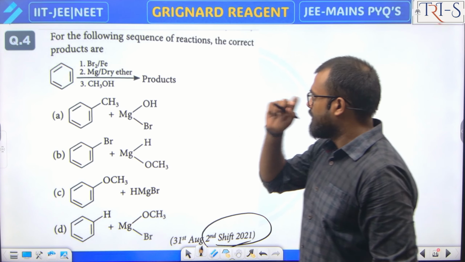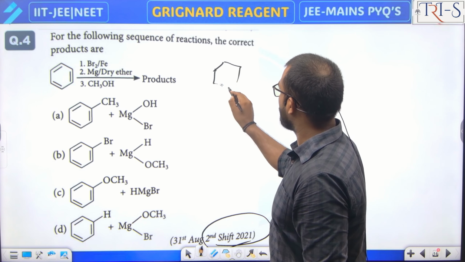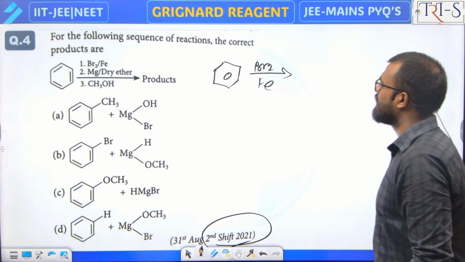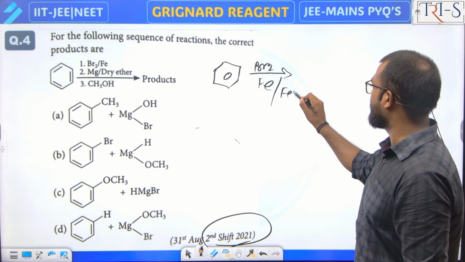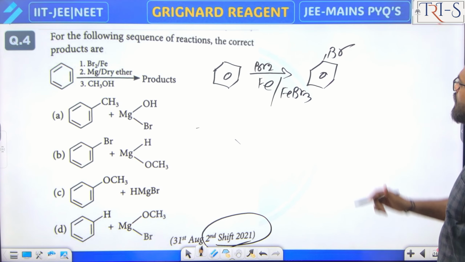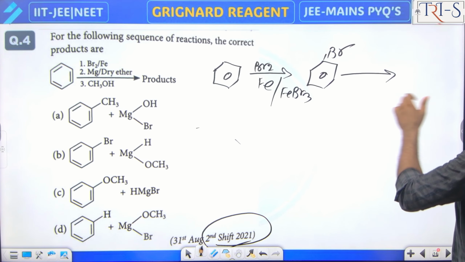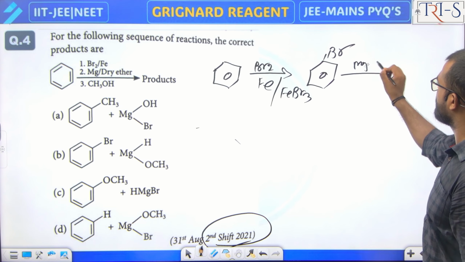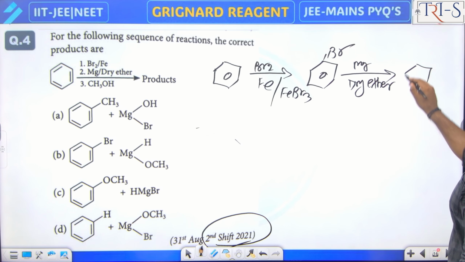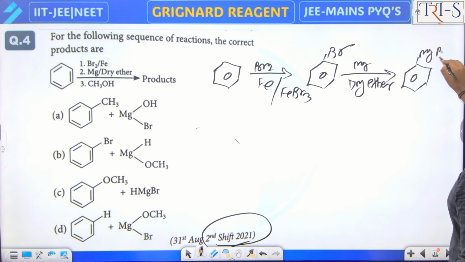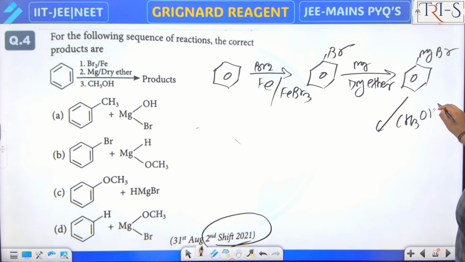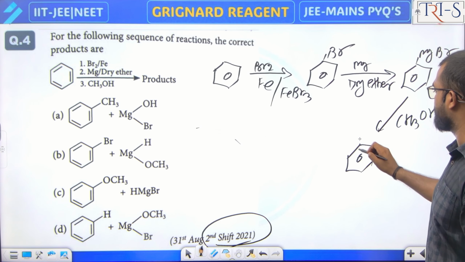So first, benzene on reaction with bromine in presence of iron or iron bromide will give bromobenzene, and once bromobenzene is formed, then after reaction with magnesium in dry ether it will give phenyl magnesium bromide, and after reaction with methanol, where methanol has active hydrogen and can provide hydrogen, the product will be benzene.